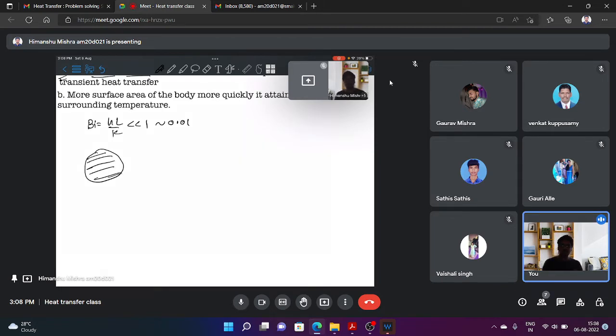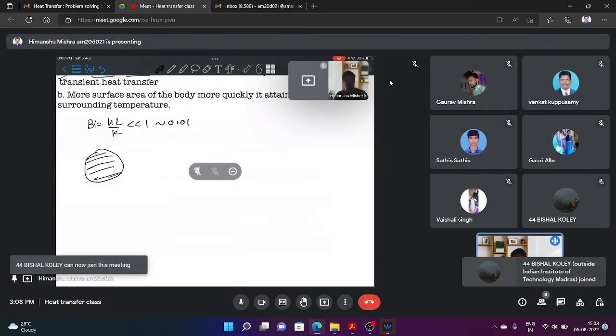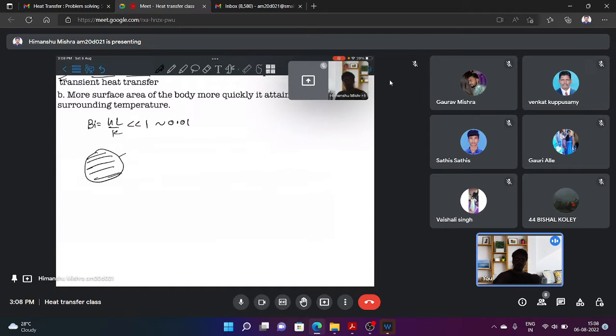In other words, the thermal conductivity of the body should be very high, so that whatever heat you provide at the surface of the body, it will quickly spread uniformly within the body, and this is indicated by a Biot number very much less than 1.